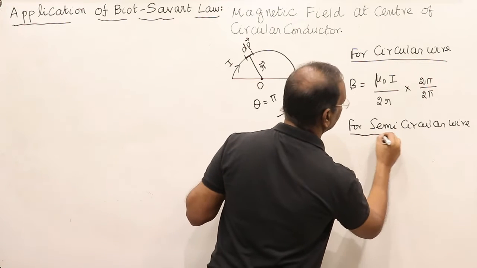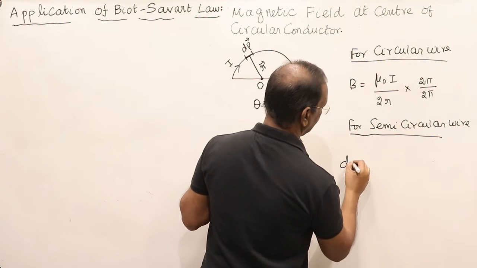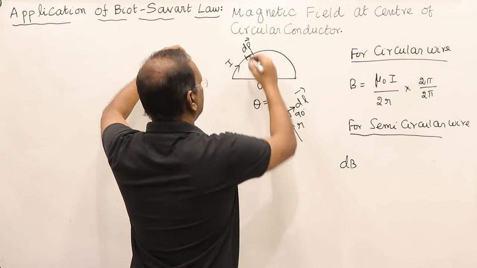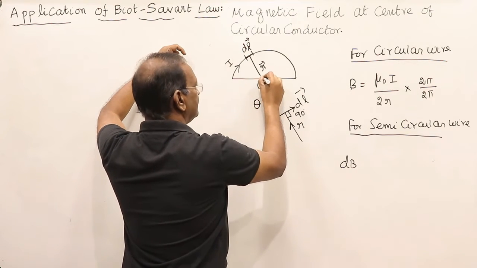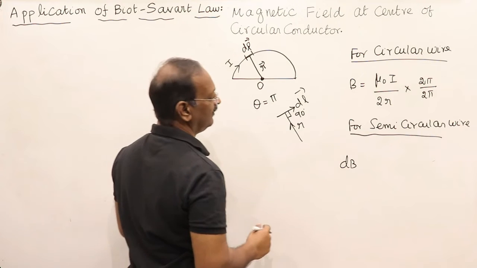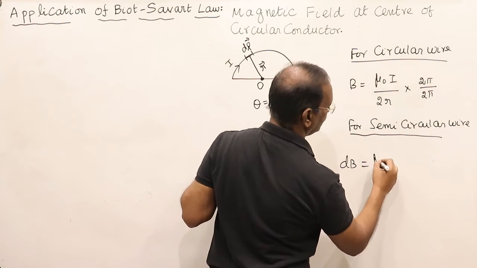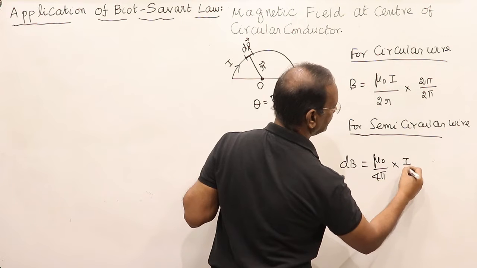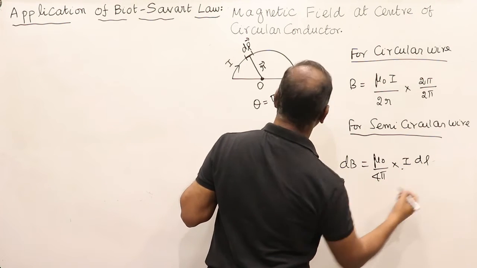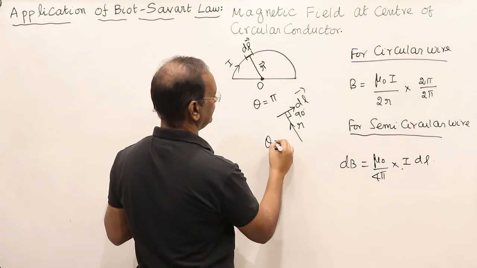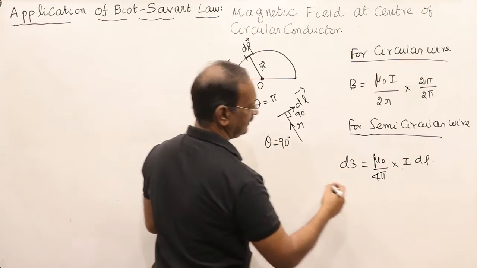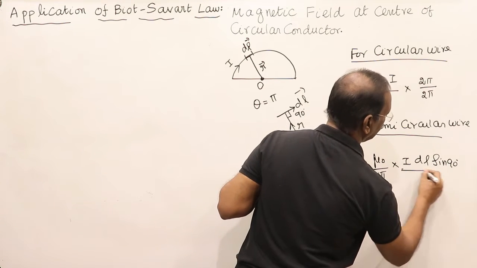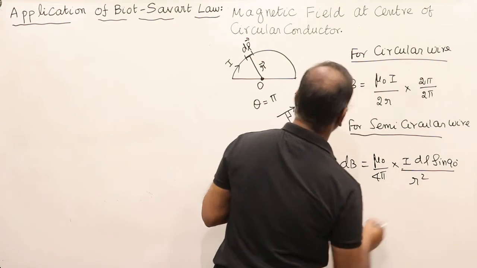For semicircular wire, we can write dB using the magnetic field produced by the small elemental length at the center of the semicircular wire is equal to mu naught by 4 pi into I dl into what is theta here? Here theta is equal to 90 degree, dl sin 90 divided by the distance r square.